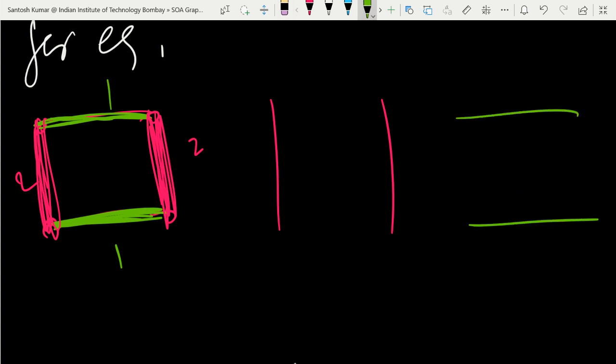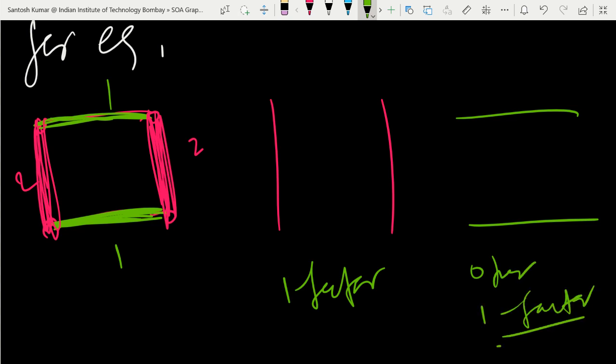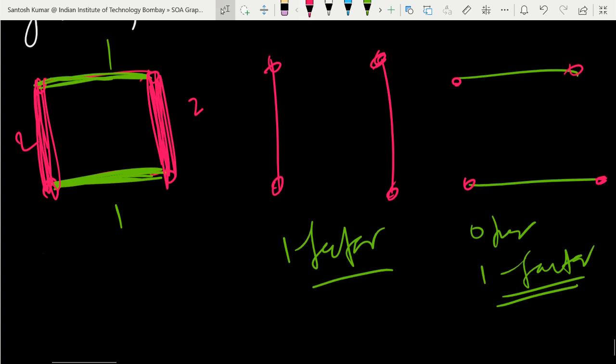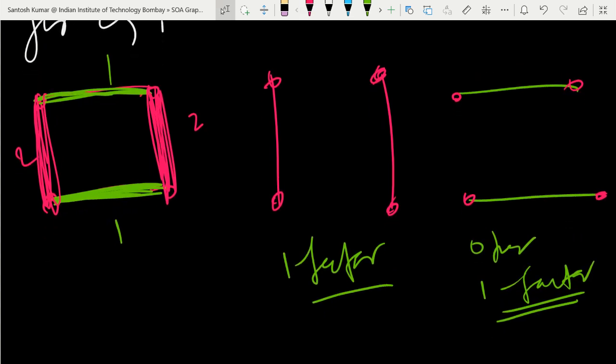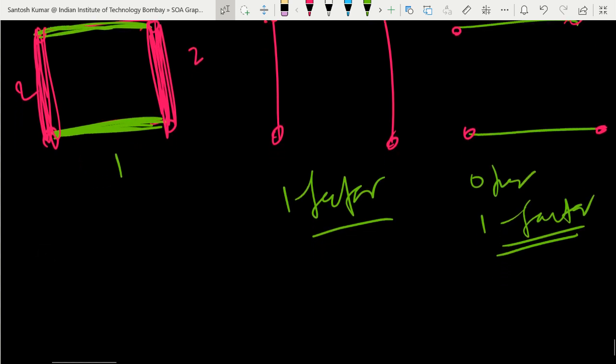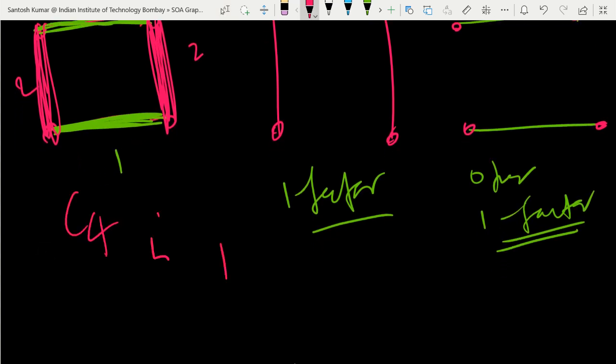So here it has two factors and both are one factors. I mean vertices are different, but both factors are symmetric, and they are perfect matchings. So that's why this C4 is one factorable.